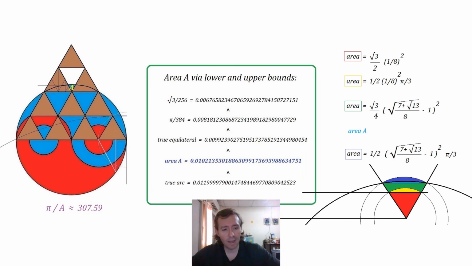And here you see pi over 4 is 307, and that is consistent because 1/10 squared as a decimal is 0.01, and area A is 0.0102 and some change. You can just see, if you were to put this up on a grid, I don't have the right slide on it, but it at least appears clear that a 1/10 square unit is slightly smaller than area A.